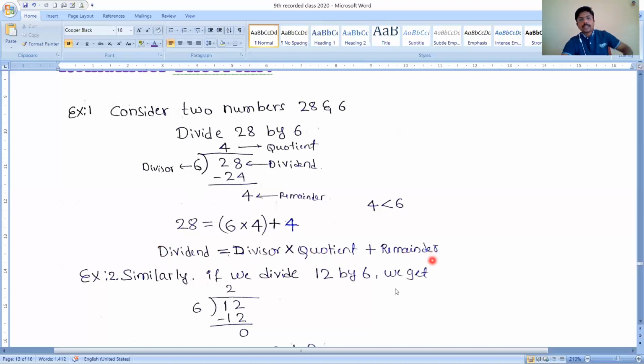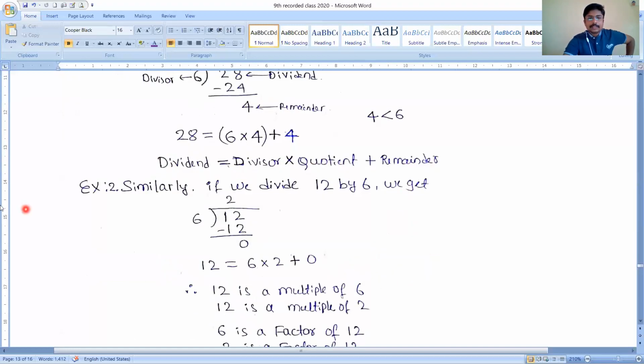Next example: if we divide 12 by 6, we get the remainder 0. 6 twos are 12, 12 minus 12 is 0. The last remainder is 0. This can be expressed as 12 = 6 × 2 + 0.